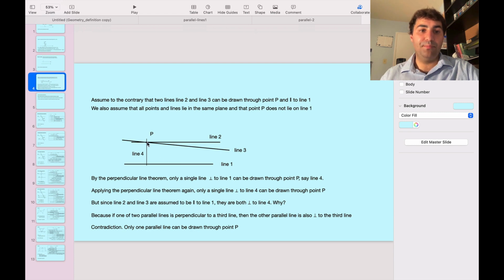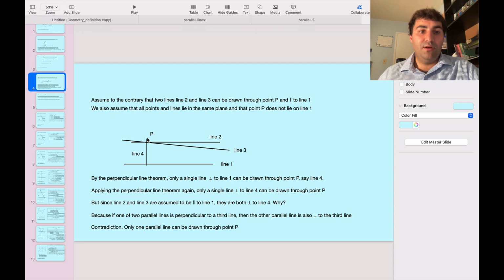Well, since we have point P here, which is the intersection of line 2 and line 3, if we look at line 1, by the perpendicular line theorem, there is one line that goes through point P and that is perpendicular to line 1. I'll call that line 4, right?